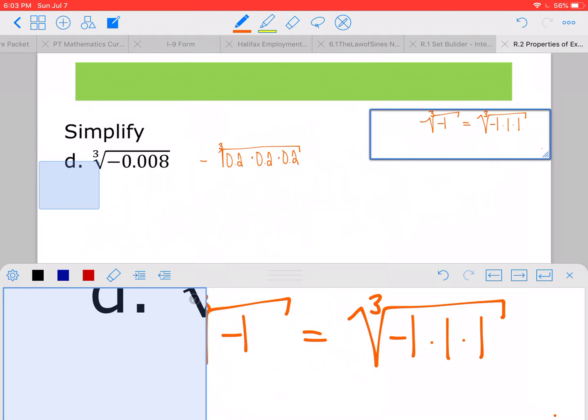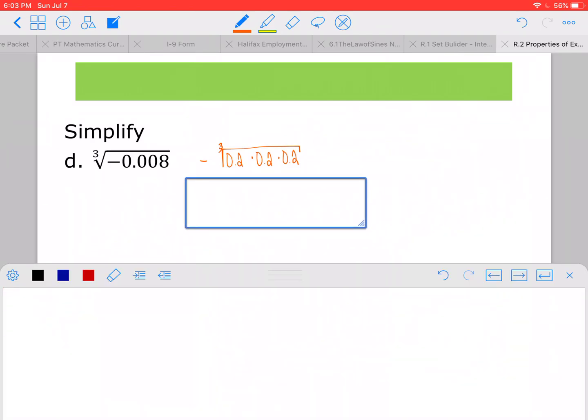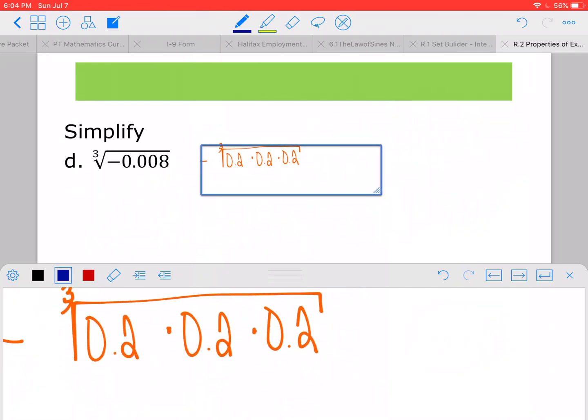And so you've still got your group of 3, and that would come out to give you a negative 1. Okay, so because of the odd root, we are allowed to have a negative, and we bring it out to the front. Now we've got our group of 3 here.